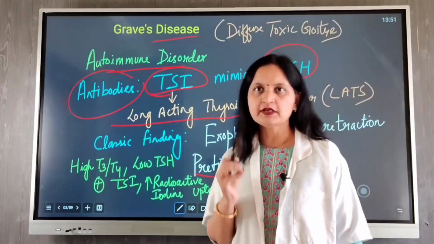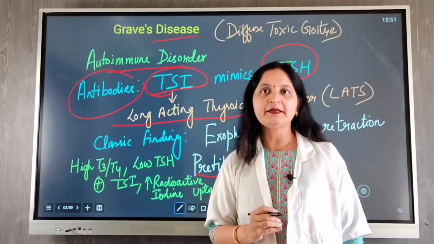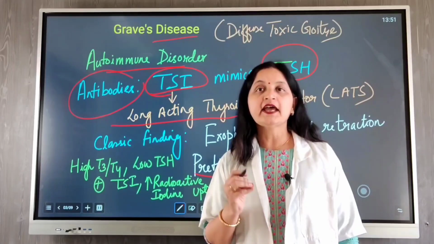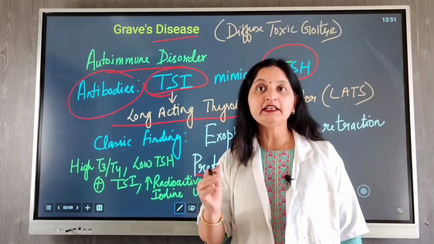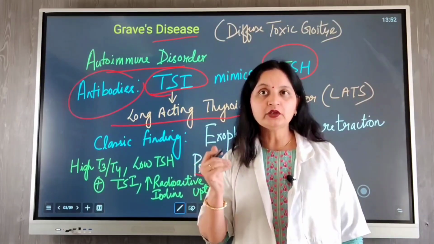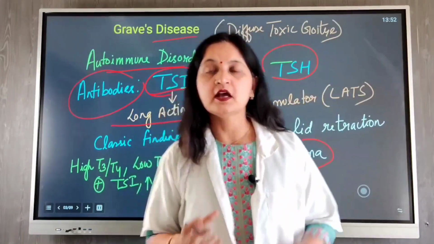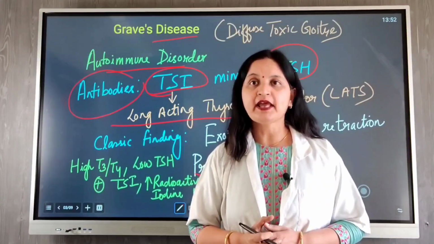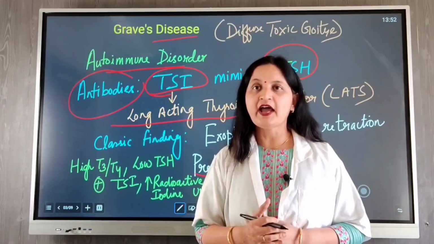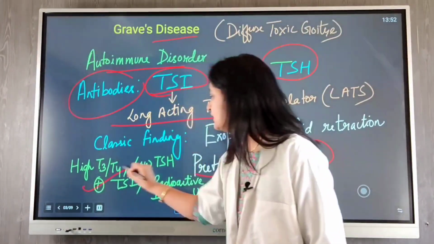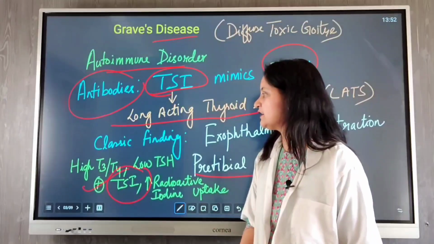So exophthalmos and pretibial myxedema are some of the characteristic features of Graves' disease. The diagnosis is confirmed by high T3, T4 levels, low TSH, increased radioactive iodine uptake because the thyroid gland is hyperactive, and also presence of thyroid stimulating immunoglobulins in the circulation.